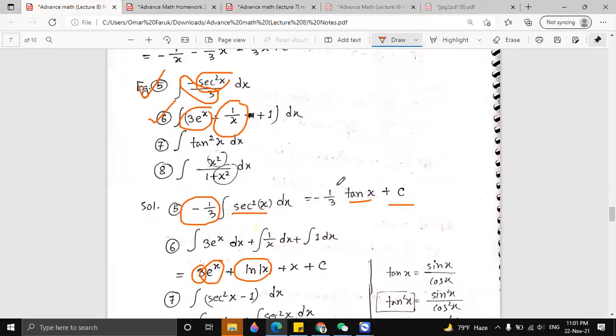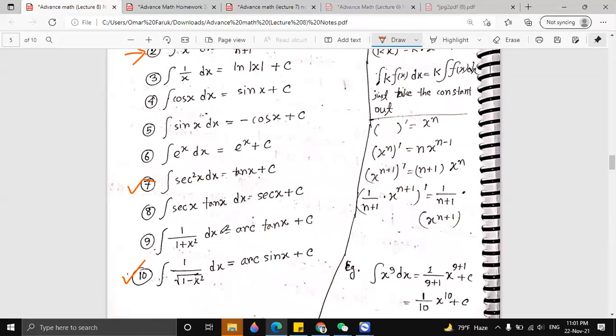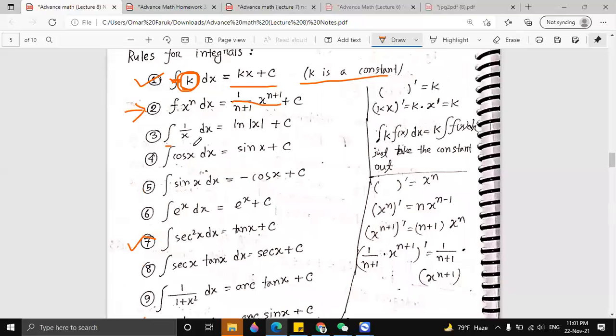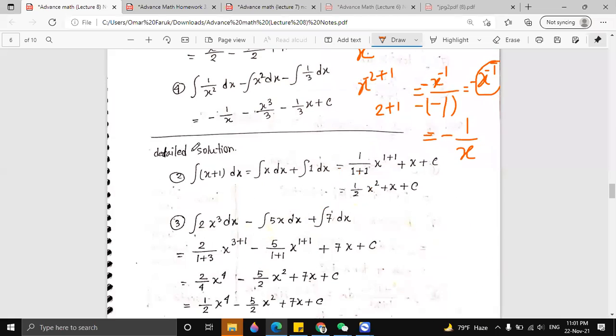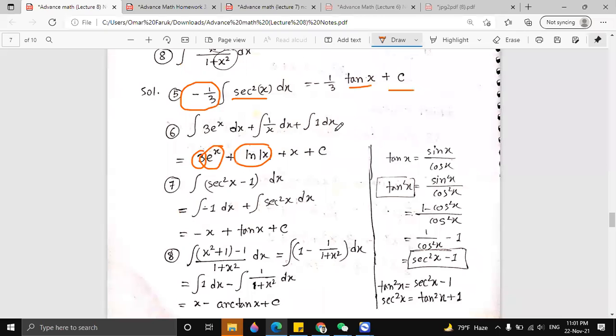Do you remember? Integration of 1 by x equal to ln x, right? Formula 3. And then integration of 1, as this is a constant, will be 1 into x, that means only x plus c. So this is the answer of 6.